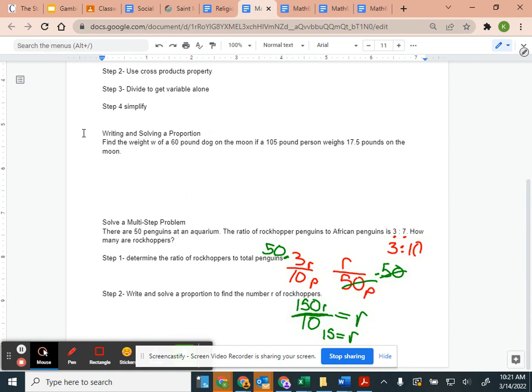We were basically doing the same steps for the last 3 objectives, right? You had to multiply and then divide, but you have to make sure that you set them up consistently. I put rockhoppers on top, total penguins on bottom. You have to make sure you're consistent with your measurements, with your labels, okay?